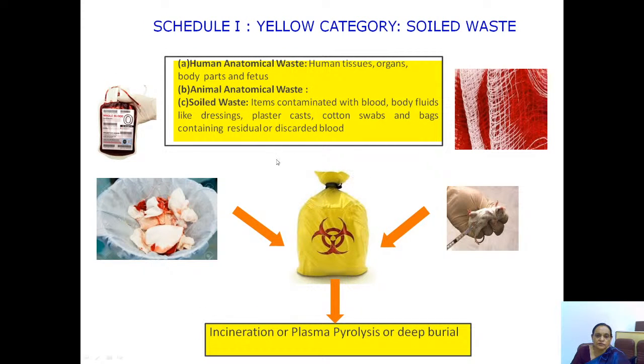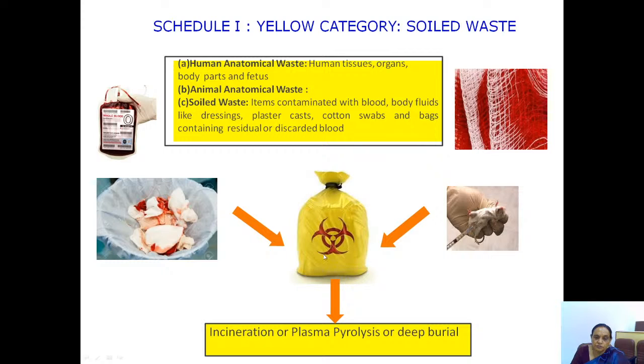So as I told you, you can put all these categories. This is all available on the websites of the ministry. Blood bags also go there. Earlier this was not very clear, so all these go here. This is the blood soaked gauze, etc. So all this goes into the yellow bag, and the yellow bag goes for incineration.